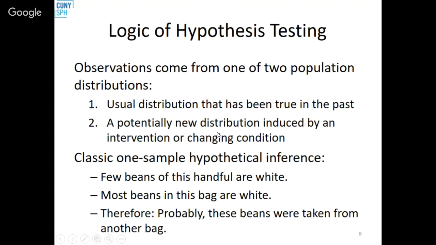So that would be option 2 here. So the inference comes from a sample and saying either it's similar to what we were expecting or it's very different from what we were expecting. And whether that difference is consistent with random sampling error or not.